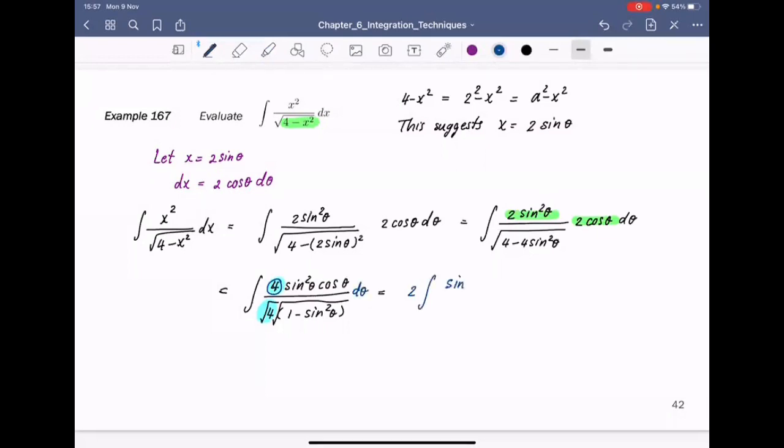So 2 sine squared theta cosine theta over, well, let's look at that, square root of 1 minus sine squared. This is the same thing as square root of cosine squared. And then cosine squared, take the square root. This is actually absolute value of cosine, right? But we want to cancel that cosine with the cosine on the top.